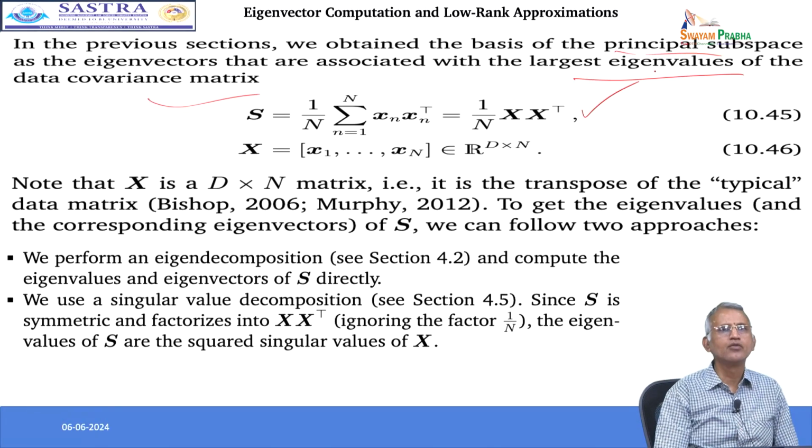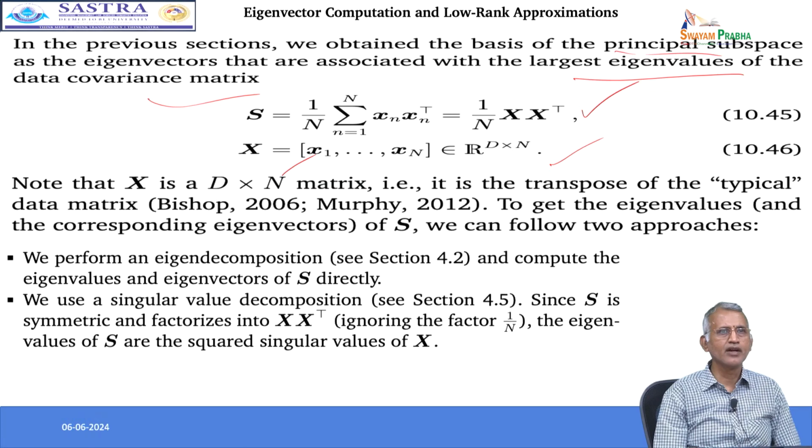So, S equal to 1 by n summation n equal to 1 to n x_n x_n transpose, equal to 1 by n into XX transpose, where X equal to [x1, x2 and so on, xn] belongs to R power d cross n. Note that X is a d cross n matrix. Now, it is a transpose of a typical data matrix.